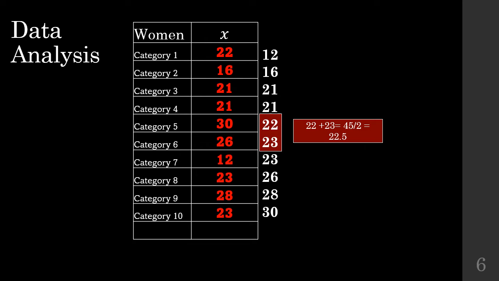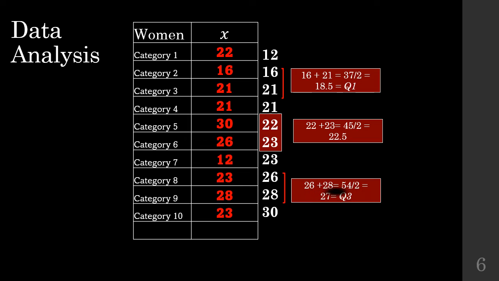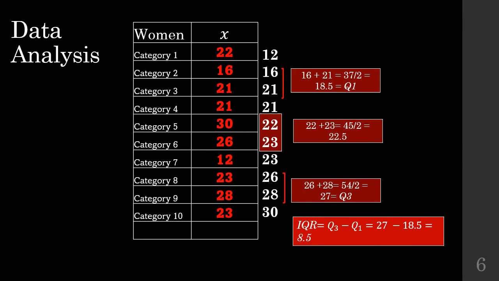Now the first quartile is going to be the median of the first part. Also, we have 4 numbers. And the third quartile is going to be the median of the second part. So we're taking also the average of the middle two. Now the interquartile range is Q3 minus Q1, and that's 8.5.